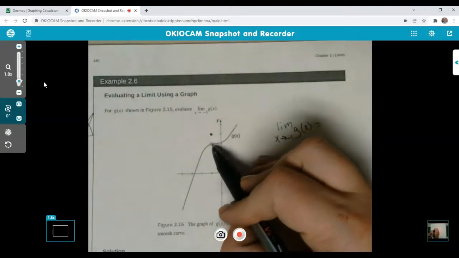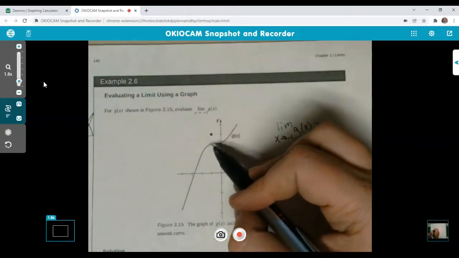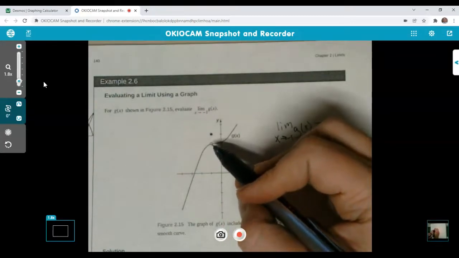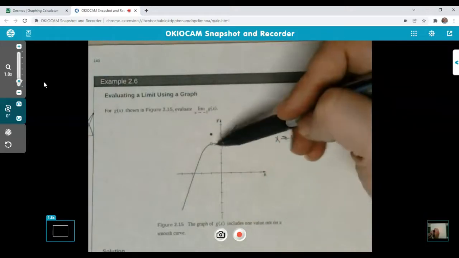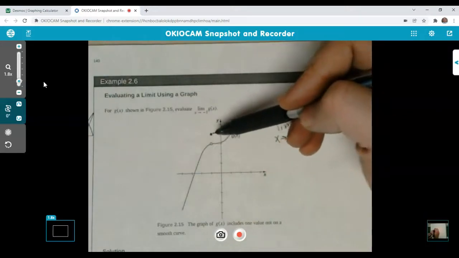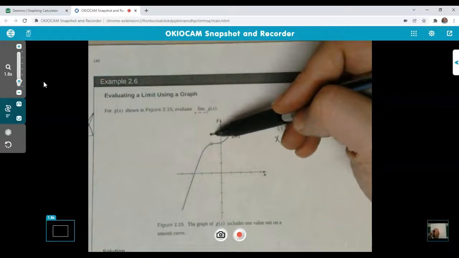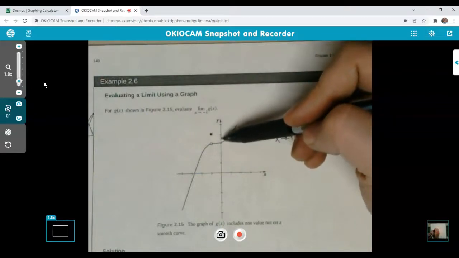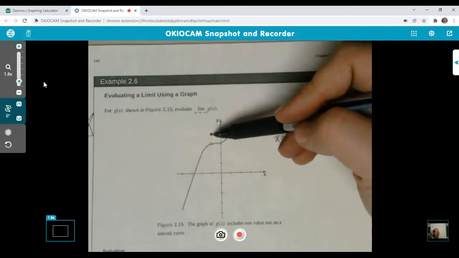Now, a point I want to make here. Notice this point is not a defined point, right? The defined point is right here. So some people may think, okay, since my point is right here, it must be equal to, what y is that? 1, 2, 3, 4. So people are going to say it must be equal to 4 because that's where my point is.